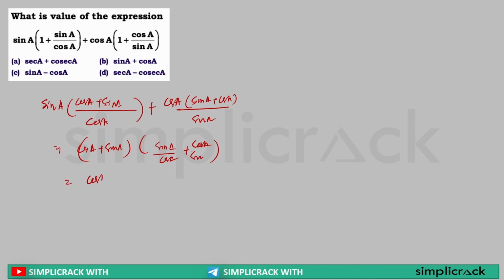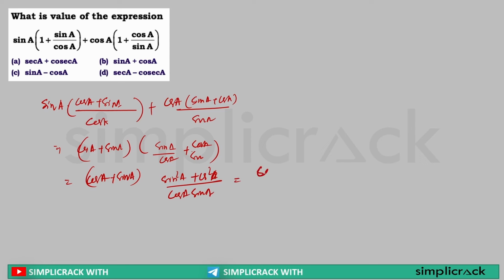So this can be written as cos A plus sin A multiplied by sin square A plus cos square A divided by cos A into sin A. So this part is 1.